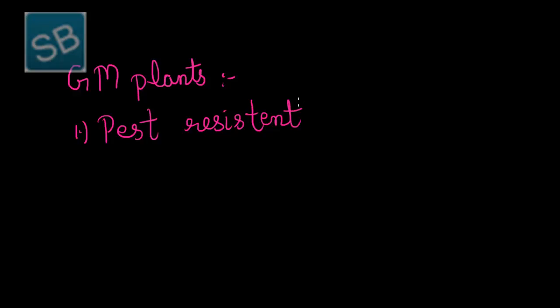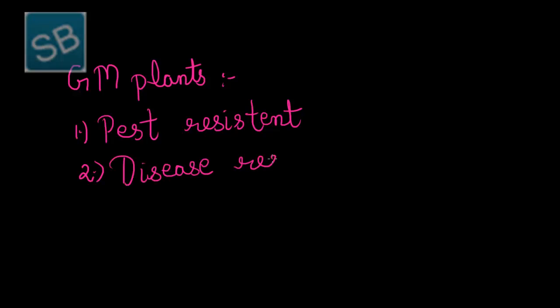GM, that is genetically modified plants, possess various features. First, they are pest resistant. That is, such genetically modified plants, which are obtained with the help of genetically modified organisms, can resist pests and are not affected by pests, insects or weeds without the use of pesticides. That is definitely advantageous when pesticides or insecticides are not used. The second is disease resistance.